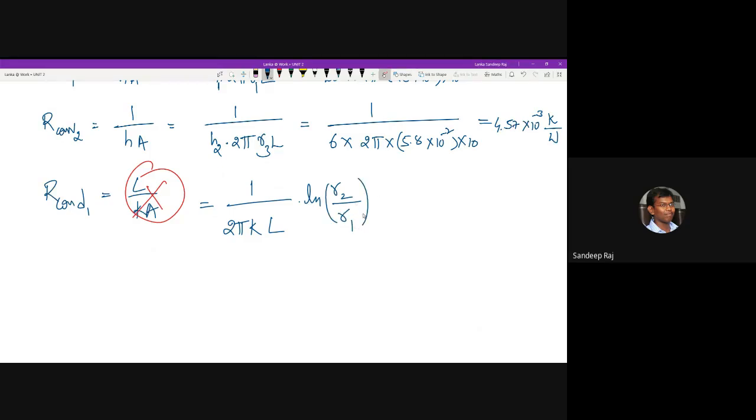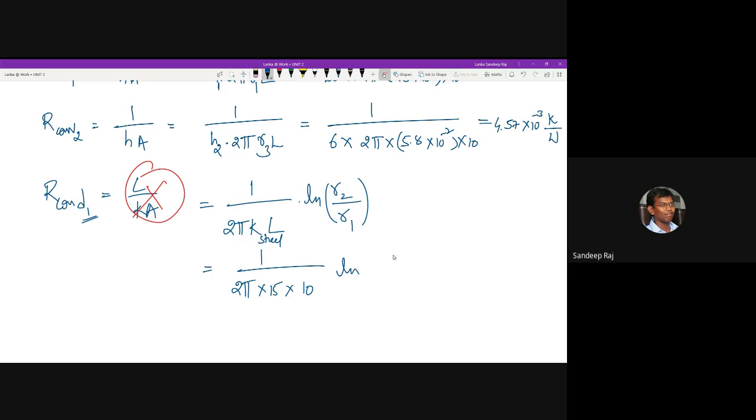So if you substitute the values here, 1 by 2 pi K. K for steel I am supposed to take here because I am calculating it for R conduction 1. The value is 15 for steel. The L value is given as 10.